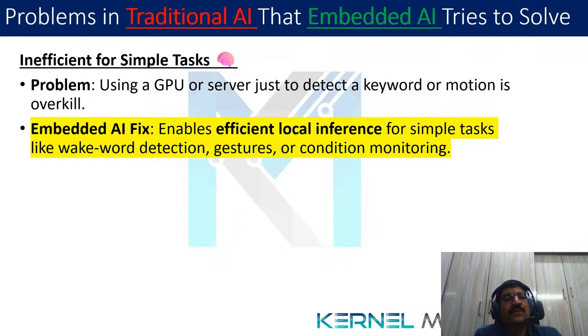Inefficient for simple tasks is one more drawback. For example, everyone knows nowadays there are motion detection devices. With your hand movement, like up and down, you can swipe anything.